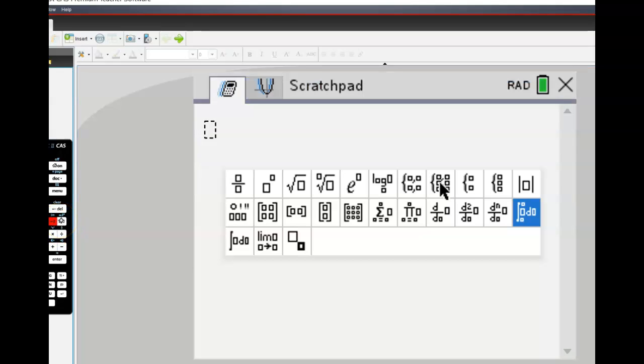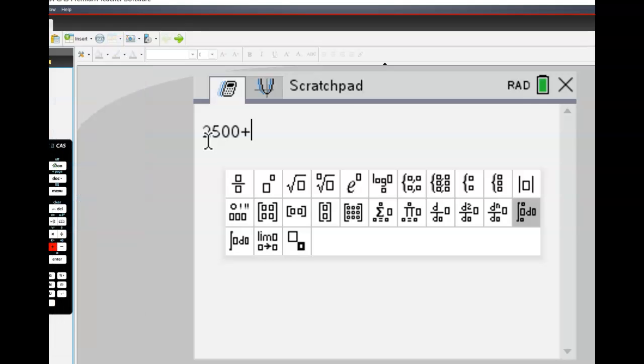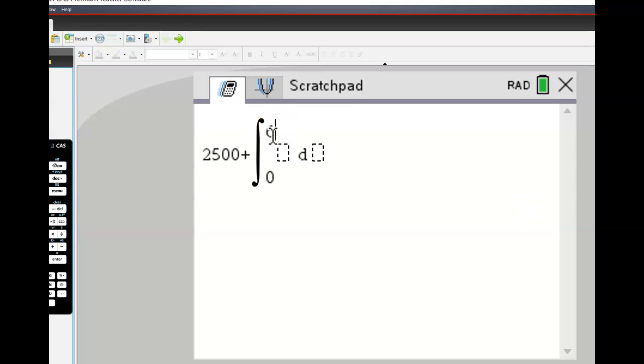So I want, first of all, 2,500 plus, I want to do the definite integral from 0 to 6. And then function 3, if you recall, that's where I had s of x minus r of x. So we're just going to recall that, so I don't have to retype it all in. And that works out to be 2493.28.